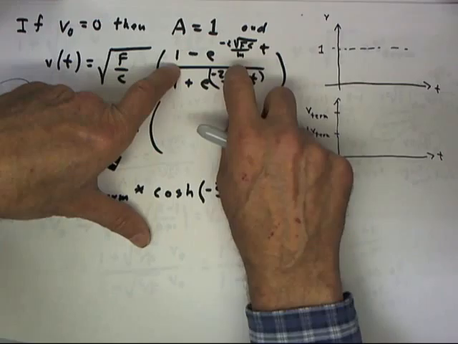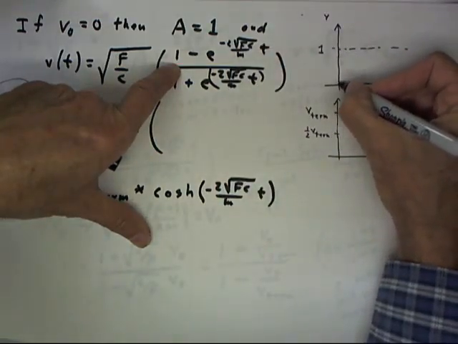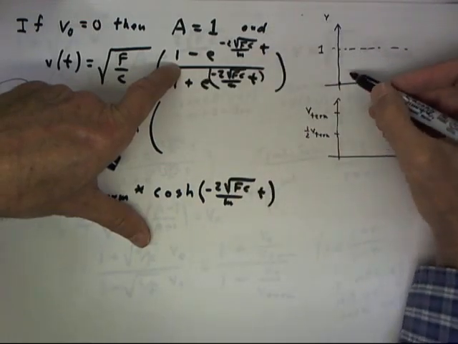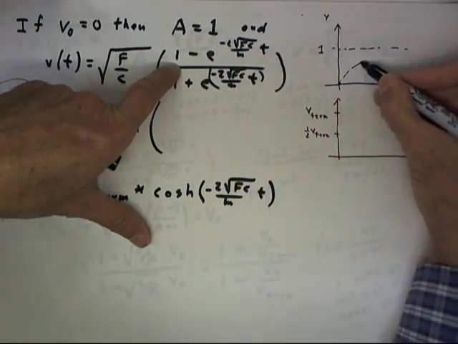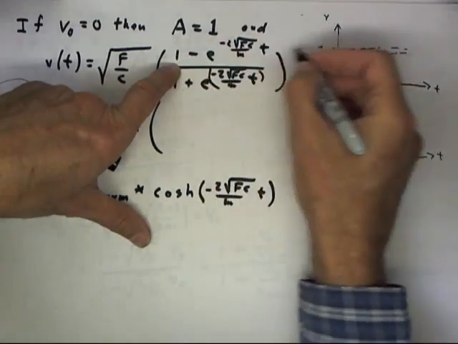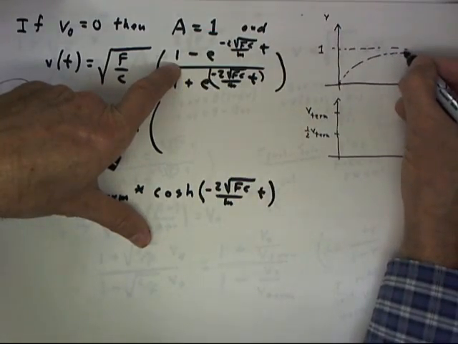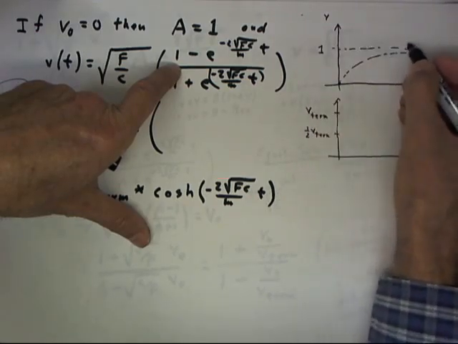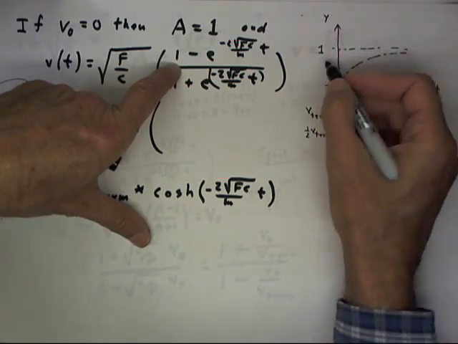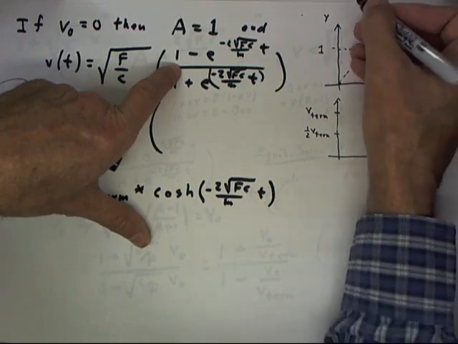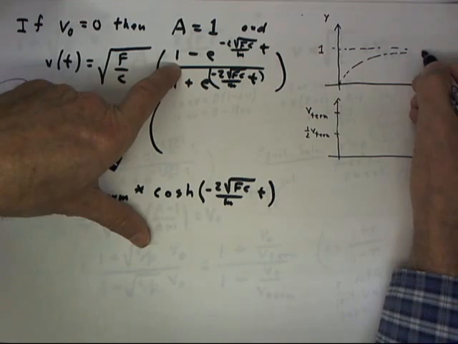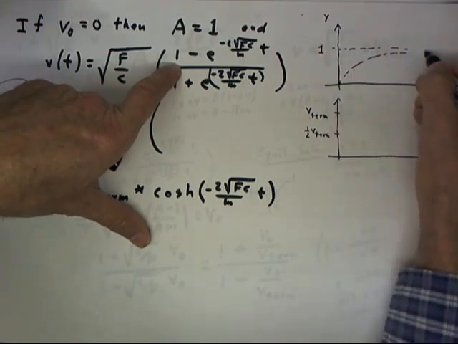Now if we look at the numerator function, it starts at 0, and as t approaches infinity, approaches value 1, so that we expect this graph to have this characteristic. And in fact, if you flip this graph around the line y equals 1, you get something that looks like a decreasing exponential function approaching 1 as its asymptote.